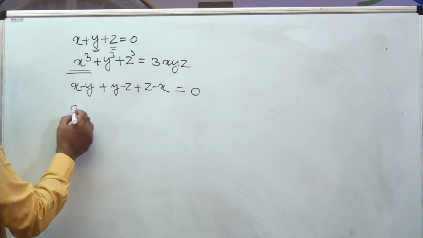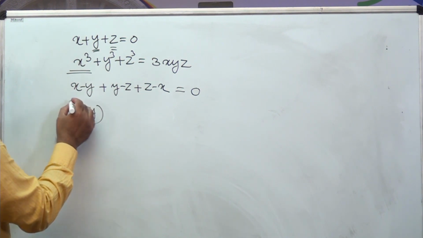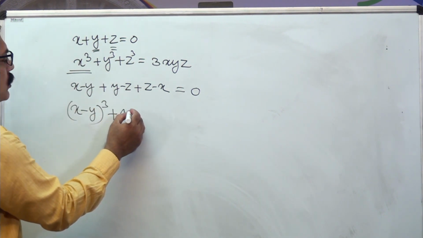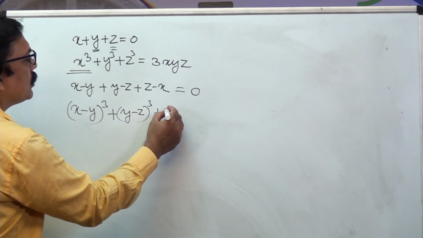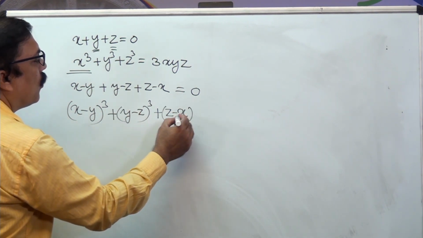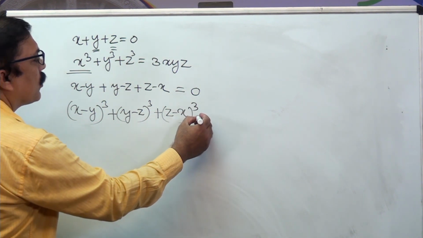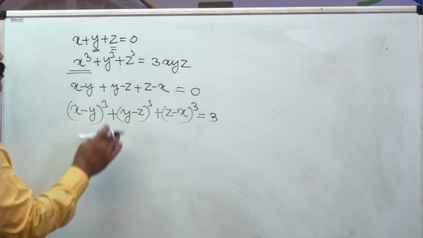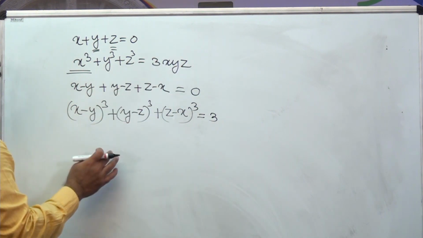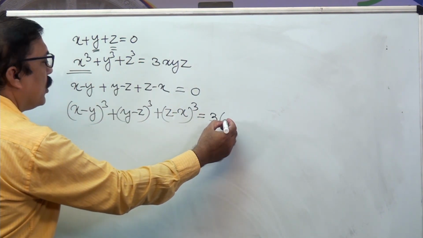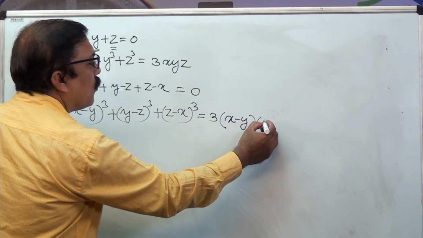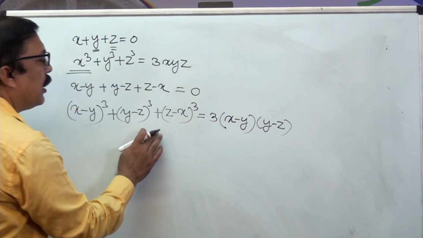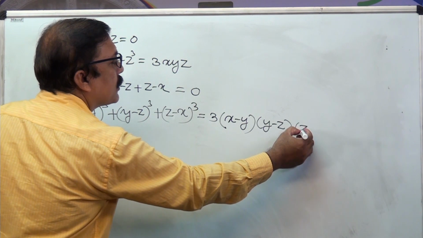This shows that x minus y whole cube plus y minus z whole cube plus z minus x whole cube is equal to 3 into, here 3xyz, so here 3 into x minus y into y minus z into z minus x.